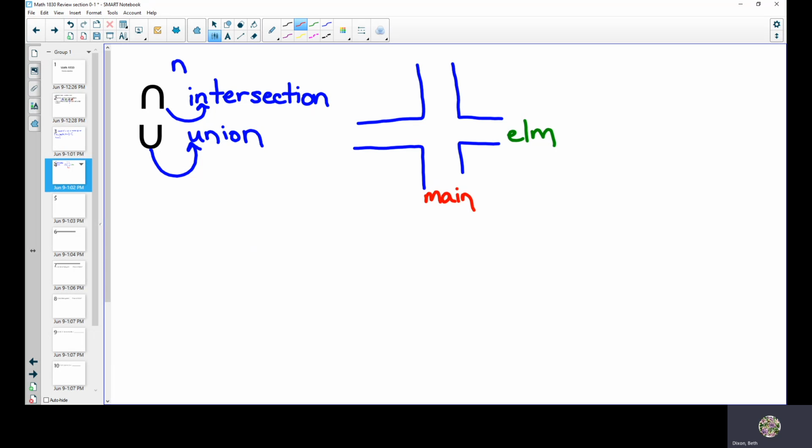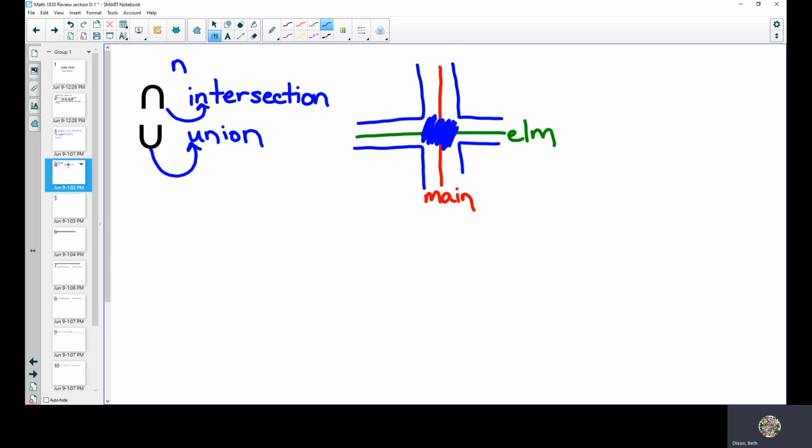Elm Street is this road right here, and Main Street is this road right here. If I want to know where they intersect, where they cross here, that is where the road of Elm and the road of Main are both true.